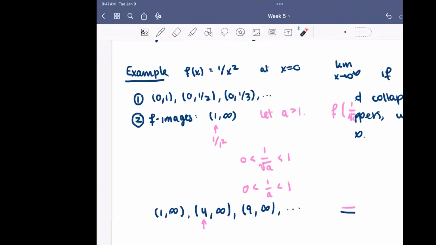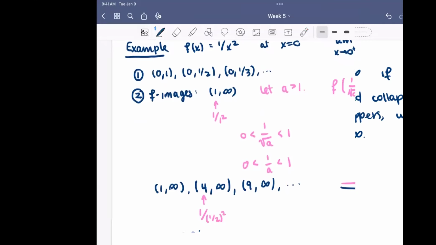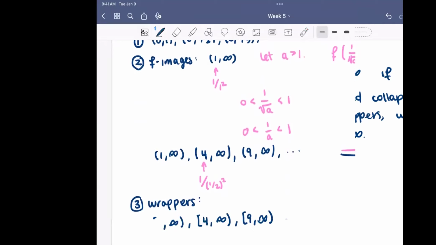Okay, good. So what are the wrappers of these things? Yeah, exactly. So we'll just put a closed endpoint on the left and then it goes up to infinity. Okay, and then are these a collapsing collection for infinity? Yeah, because they are a collapsing collection, right?